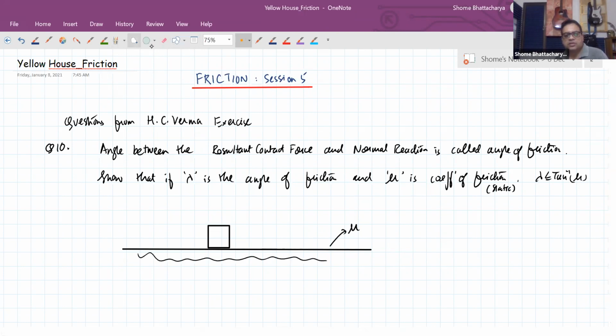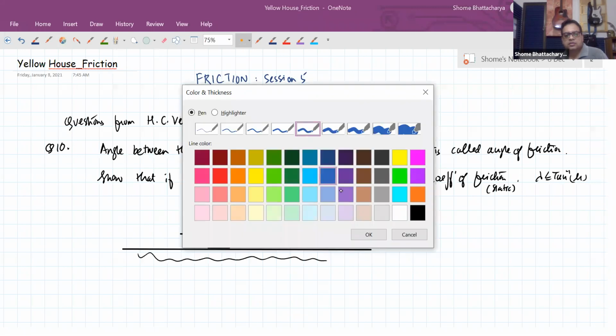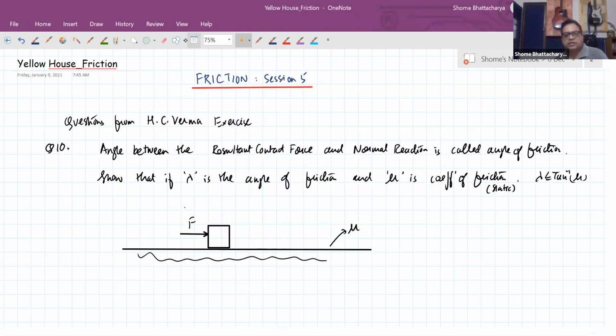Now, let's say some kind of external force is acting on it. As a result of that, the other forces acting on the body are weight, normal reaction, and friction.